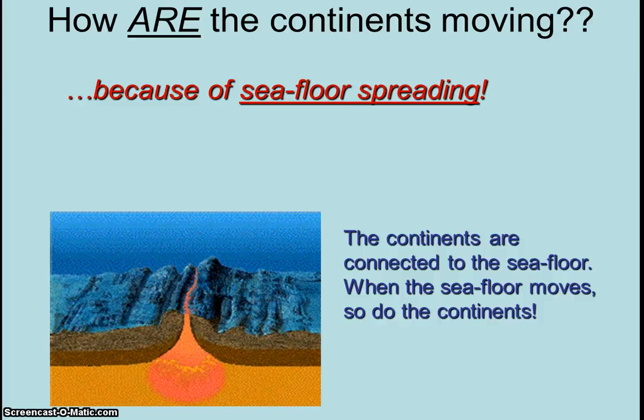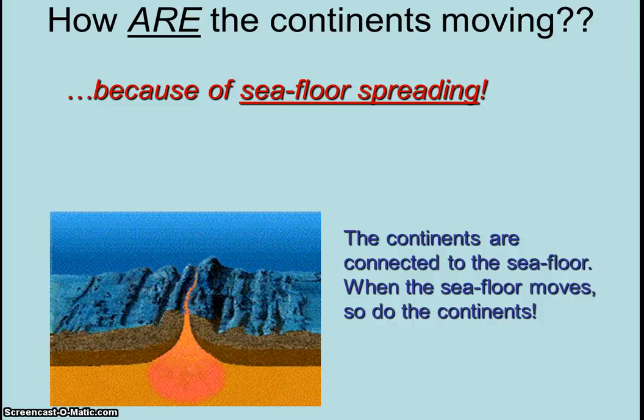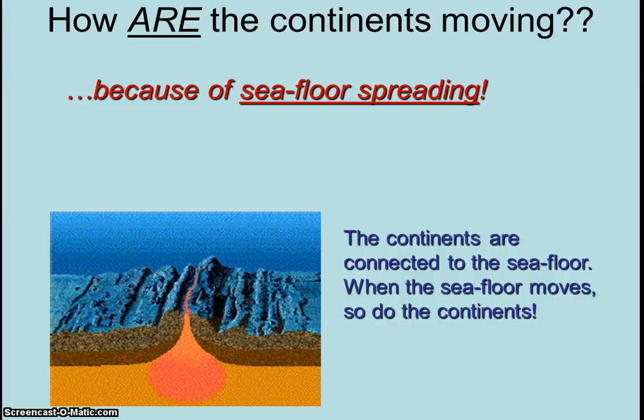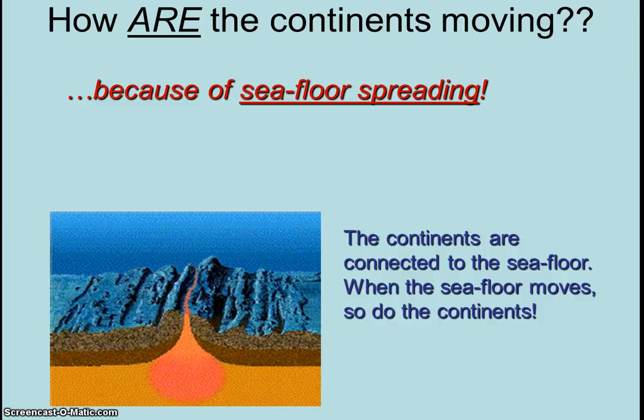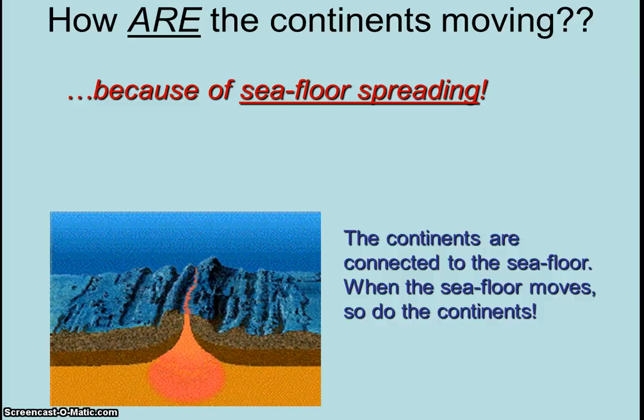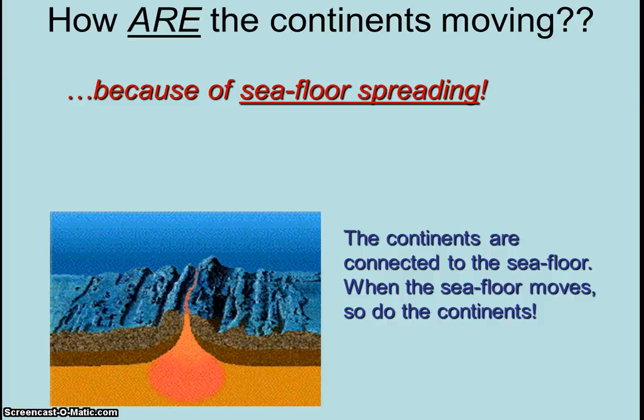Wegener didn't know this in his day. We didn't learn about seafloor spreading until we started looking at the ocean floor, and we didn't do that until the 1960s. But what we saw when we got down to the ocean floor was what you see in this picture here, and this is seafloor spreading.